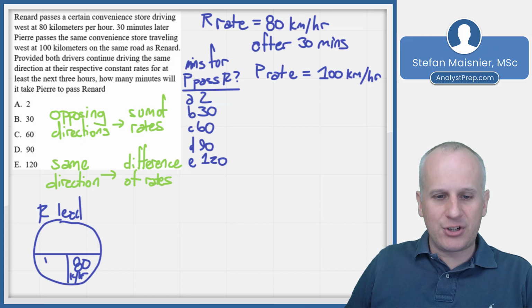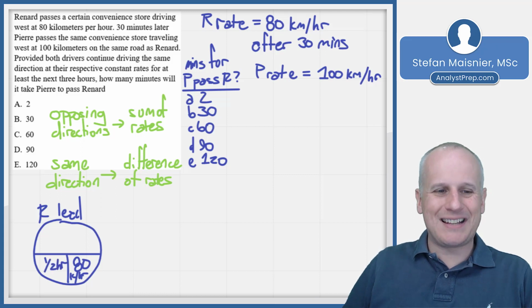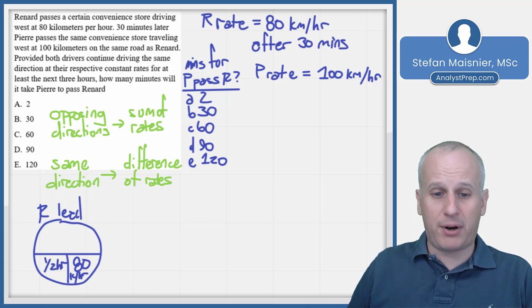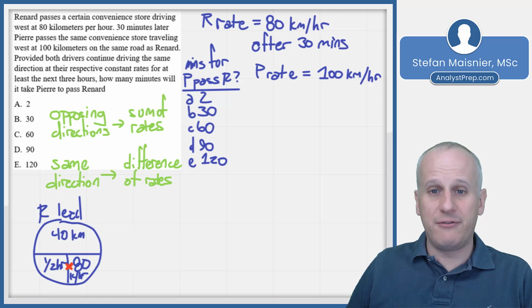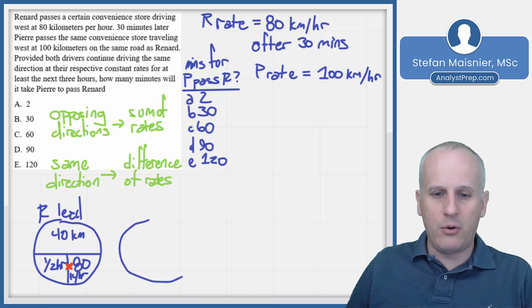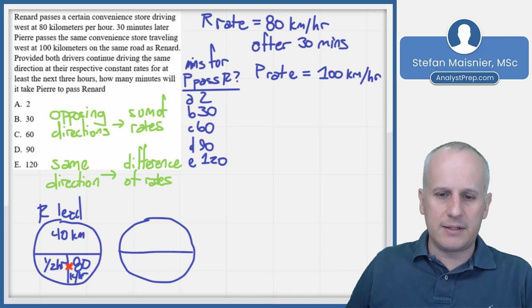I'm going to keep it as just half an hour, because that's going to be the easiest way to just process the rate of kilometers per hour with an hour. So we know that 80 kilometers per hour driven for half an hour is going to give us a 40 kilometer lead for Renard. So now we've got to consider the P catch up.